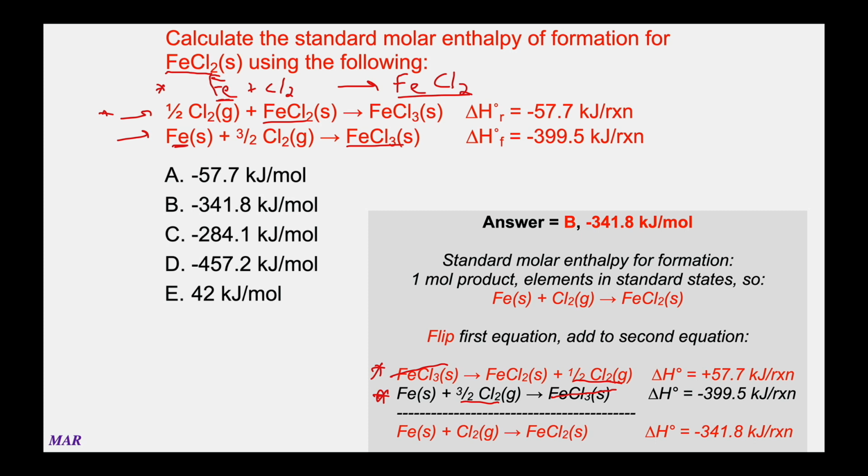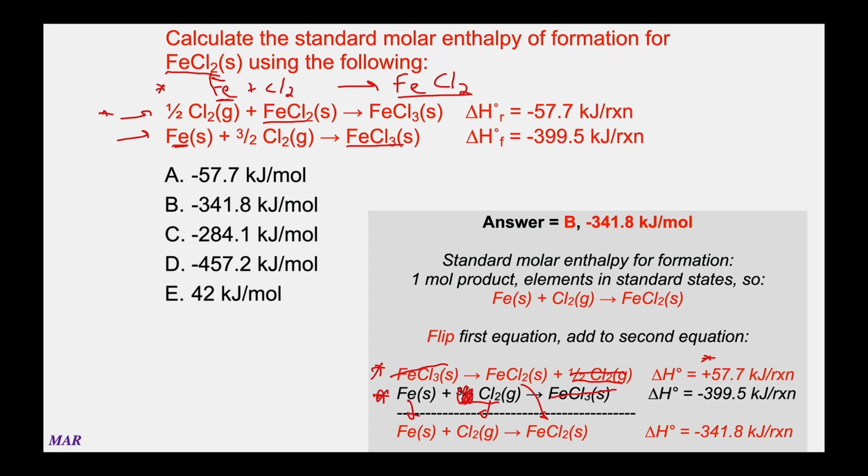Subtracting 1/2 Cl2 from both sides makes that one go away, and you have just 1 Cl2. So Fe plus Cl2 goes to FeCl2. And remember to change the sign of the delta H, but then negative 399.5 plus 57.7, delta H is negative 341.8 kilojoules per mole, answer B.